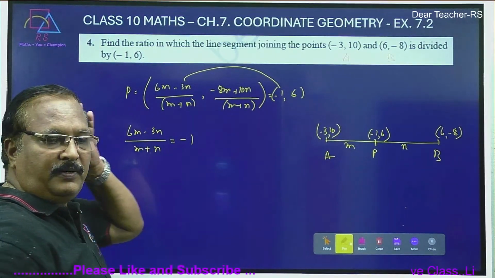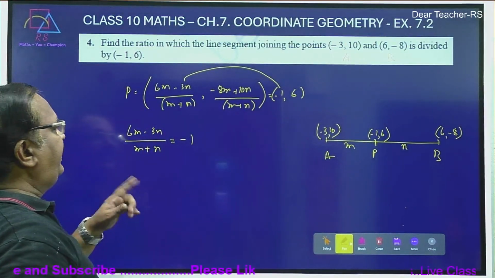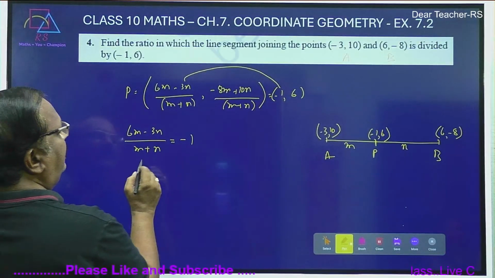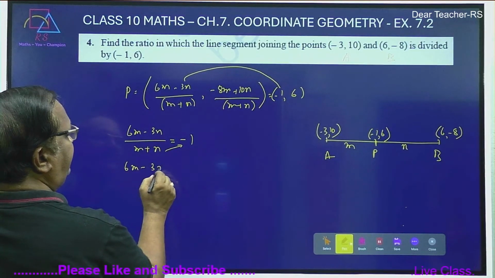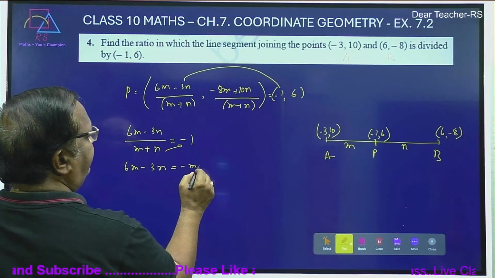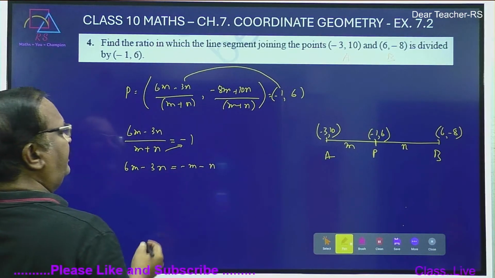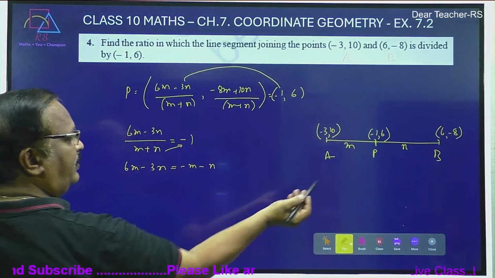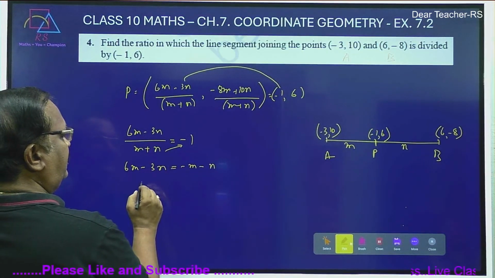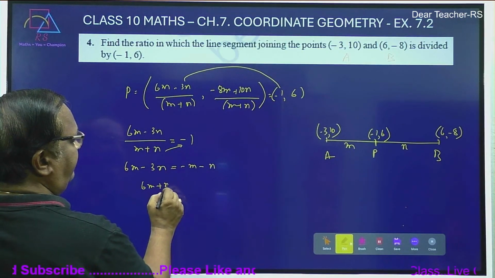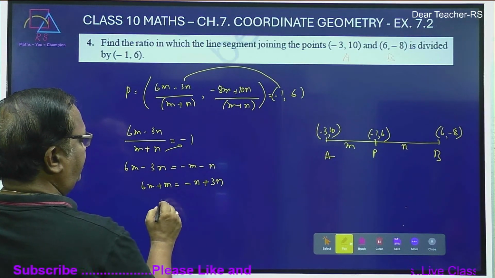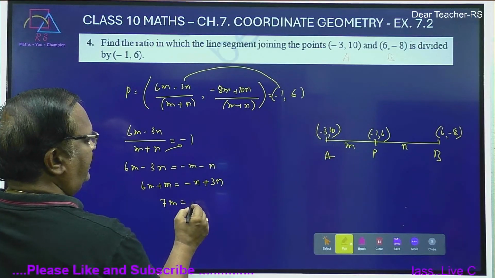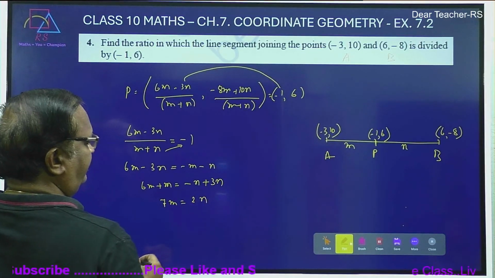Cross multiply, you will be getting an equation. So cross multiply: 6m minus 3n is equal to minus m minus n, right? Take n to that side, bring m to this side. So 6m plus m is equal to minus n plus 3n. So 7m is equal to 2n.